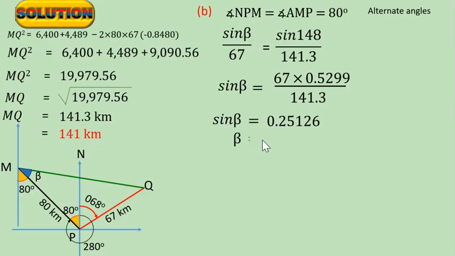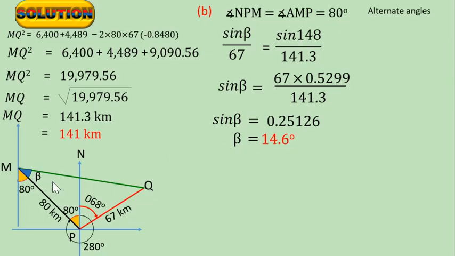So the angle beta will be arc sine. Use your calculator, find the arc sine of this. That's the second function, or the inverse of sine. If you do that very well, you are going to get your answer at 14.6 degrees. So that gives us angle beta at 14.6 degrees.